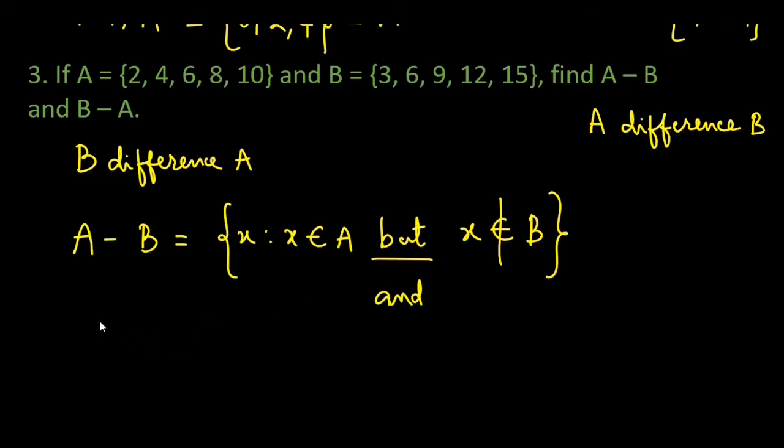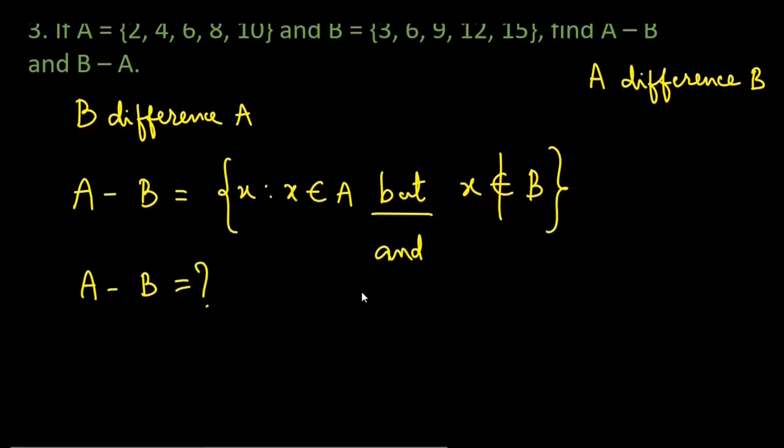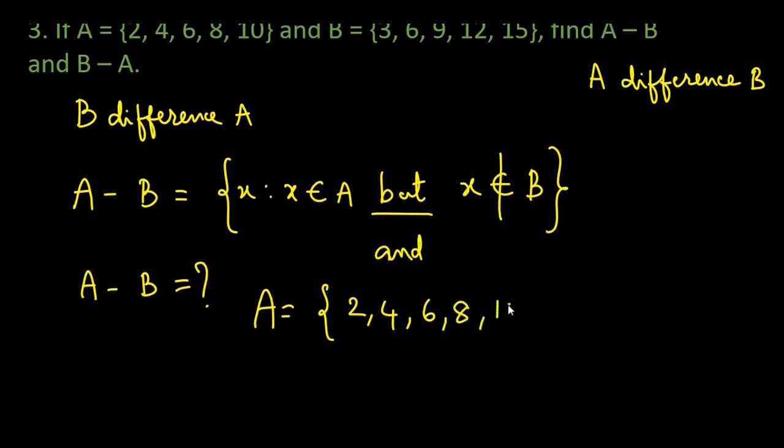So first one, let us write. We want A minus B. To find A minus B, let us write A here. A is {2, 4, 6, 8, 10}. And B is {3, 6, 9, 12, 15}.